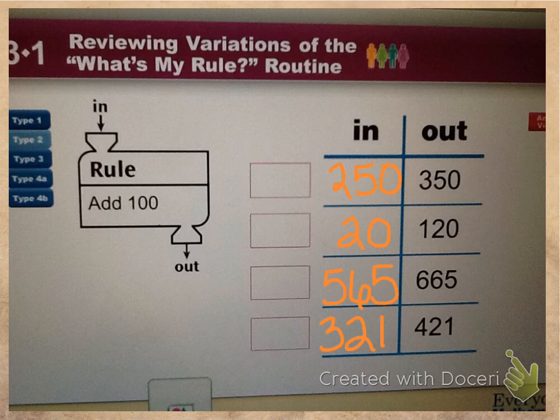We take a look at the last one. If we have 421 coming out, we're going to subtract 100. That means we started with 321. So this is the in-out box where we're given the rule and we're given the out, and we have to figure out the in. So we kind of have to work backwards on that one.